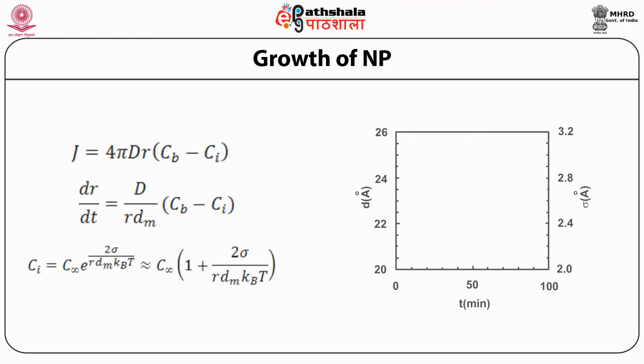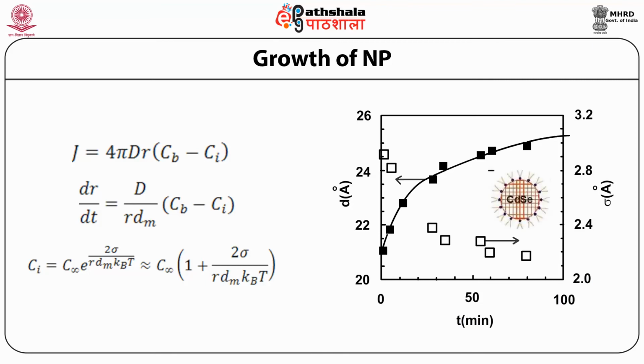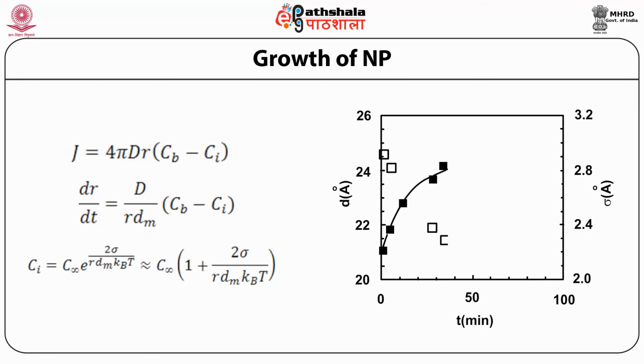Now J is equal to 4πDr multiplied by (Cb minus Ci). So finally, with this result, the growth rate of a crystal becomes dr/dt equals D/r Vm multiplied by (Cb minus Ci).